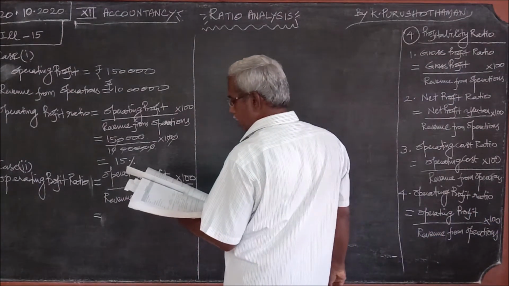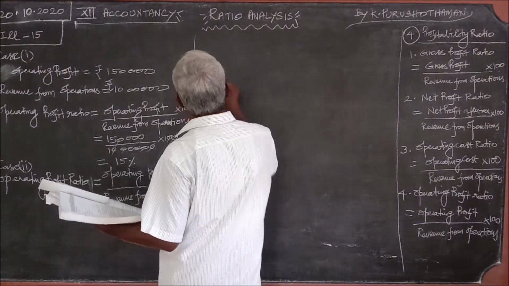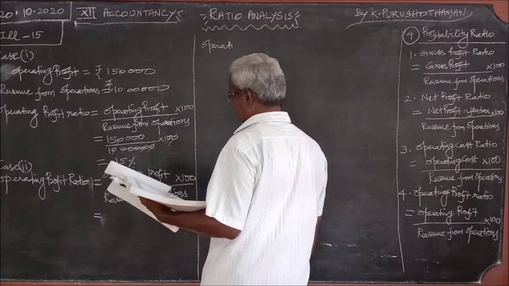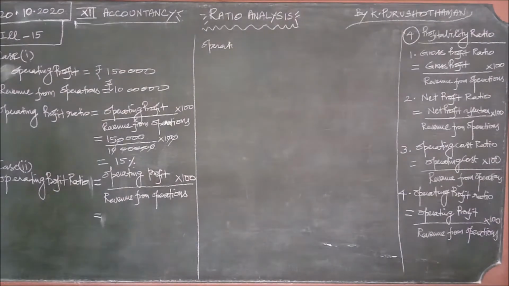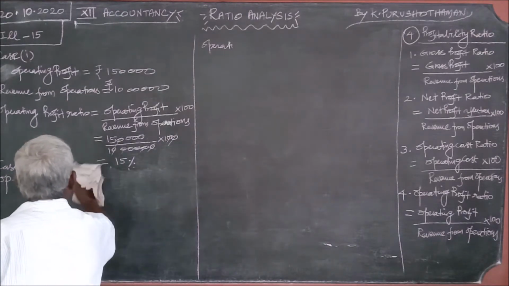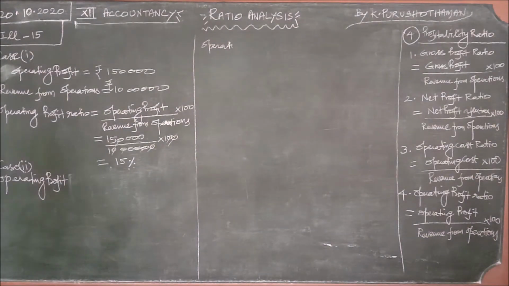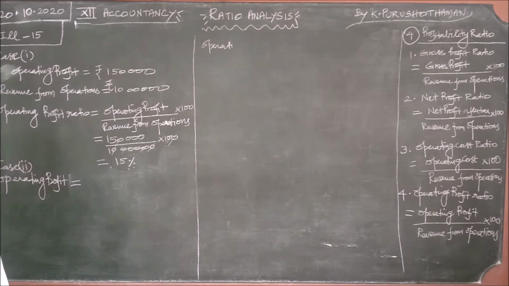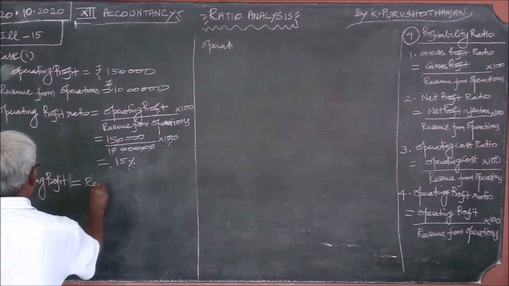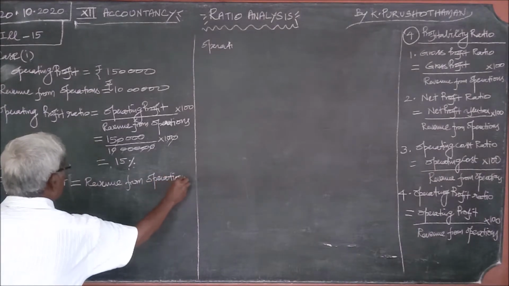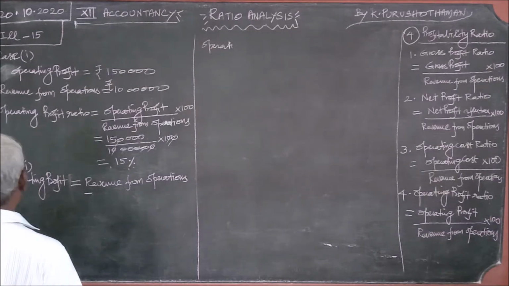The numerator, operating profit, for case 2 is equal to revenue from operations, the total income, minus the operating cost, which is given.